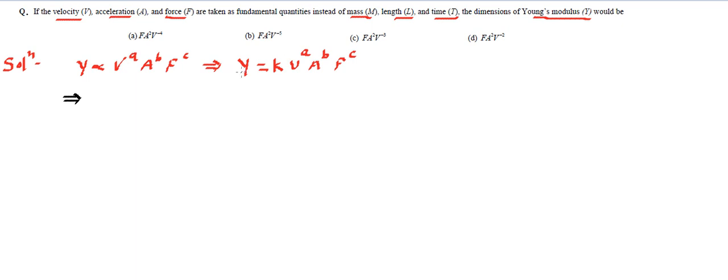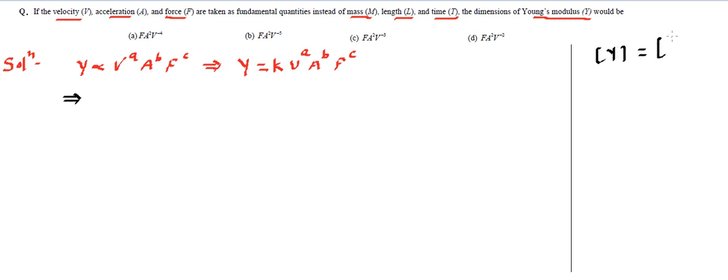Now this is Young's modulus. Well, you might not be aware what Young's modulus is, so we can borrow the table, and from the table we can write it. You'll find Young's modulus has a dimension or unit the same as pressure. If we know that, from there we can derive the dimension of Young's modulus. So the dimension of Young's modulus is the same as the dimension of pressure.